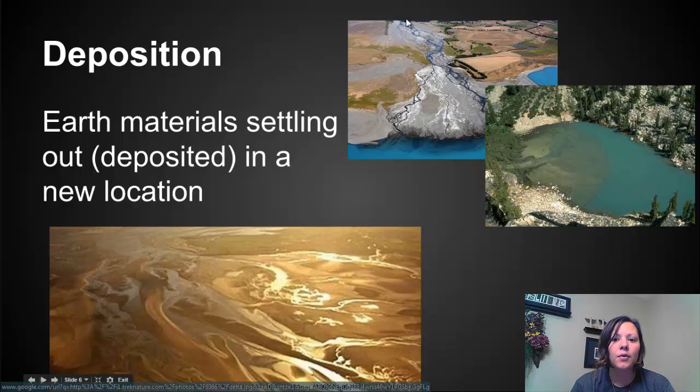Up here you'll see a river being deposited into an ocean. This sediment that's being carried away by fields, by streams, by topsoil is slowly carried down, and then as the river goes into the ocean, it changes its speed, and the sediment starts to settle out into this formation called a delta.